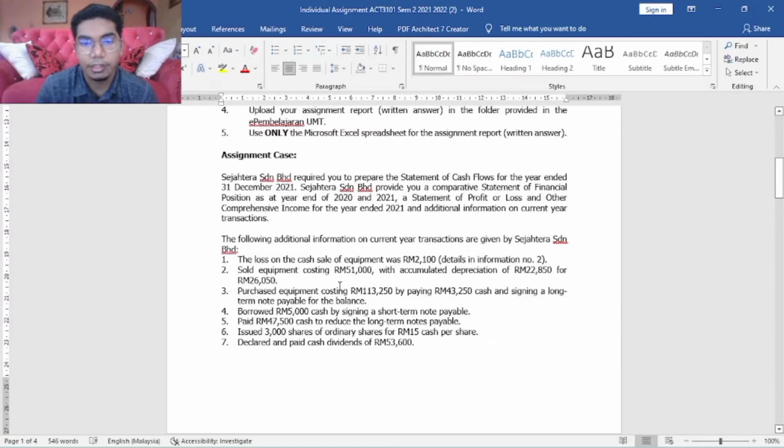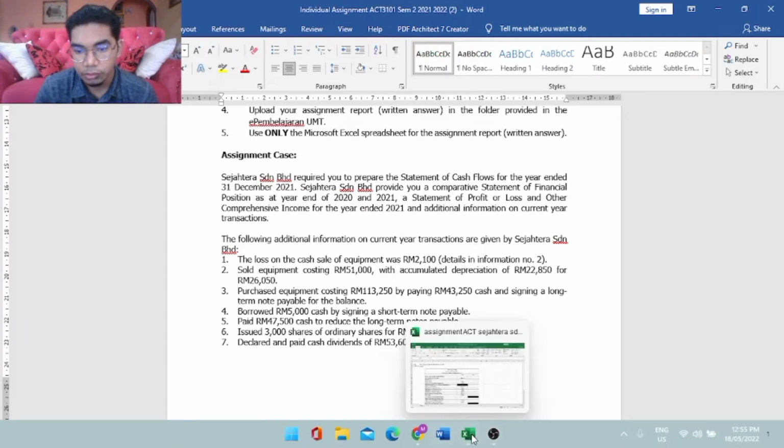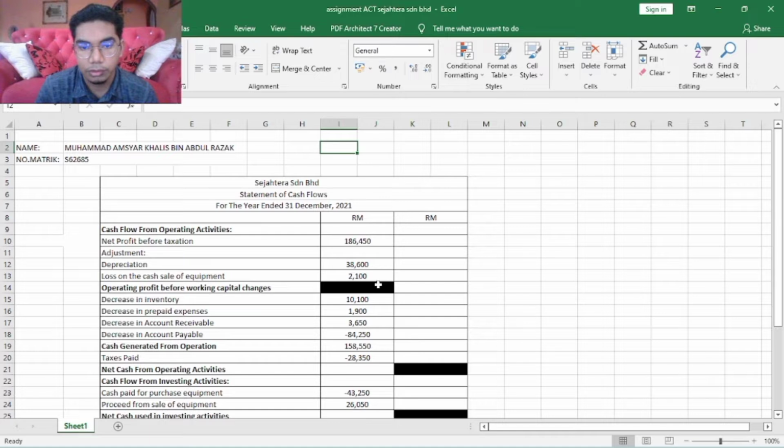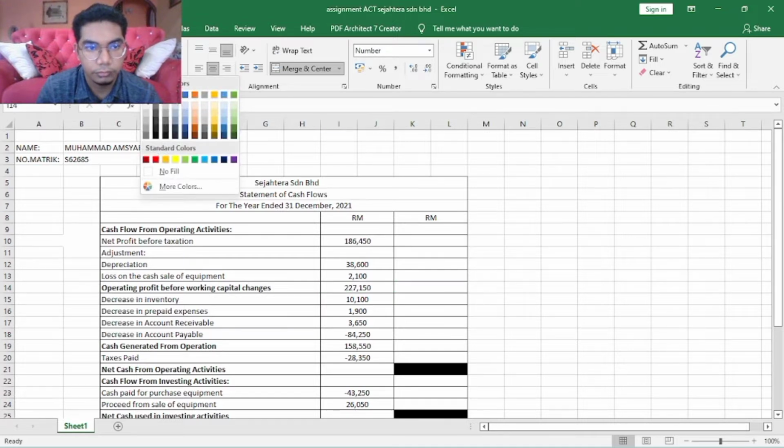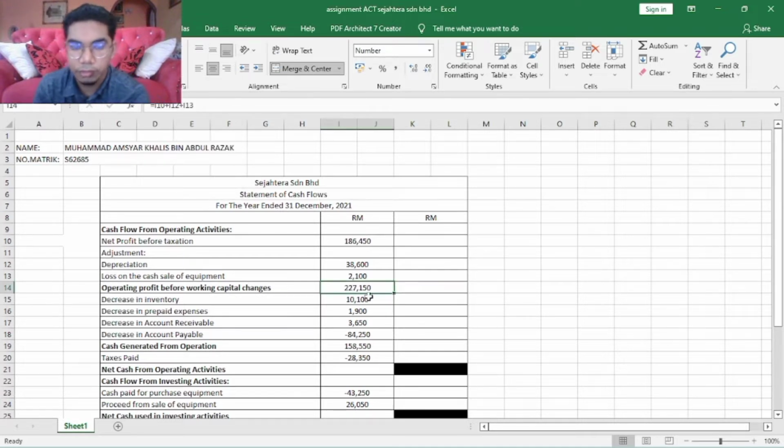The loss on the cash sale of equipment was 2,100. So we put the amount in the same column, and we total up, and we get operating profit before working capital change. We sum all the amounts and we get 227,150. This is operating profit before working capital change.